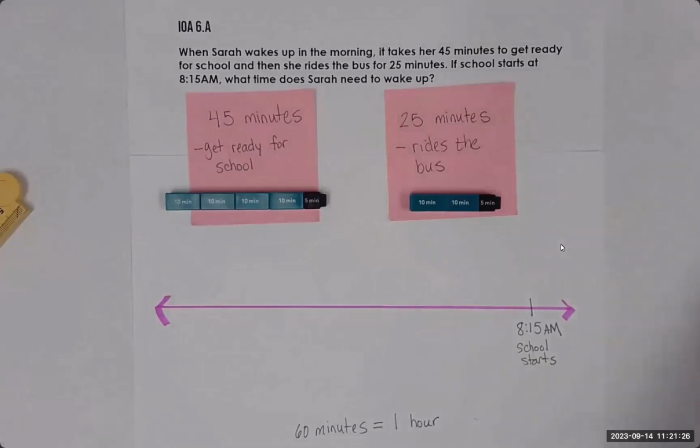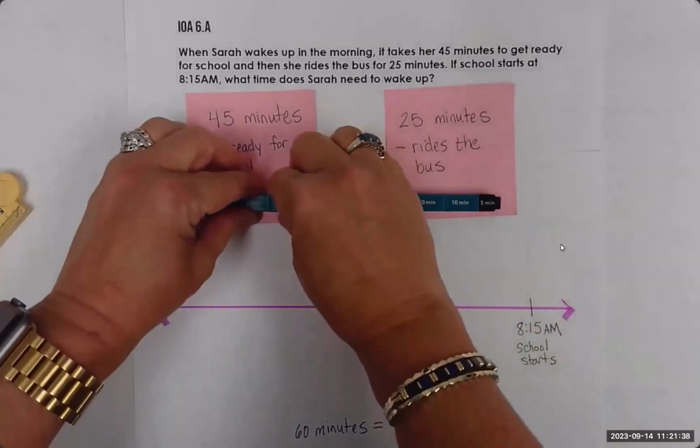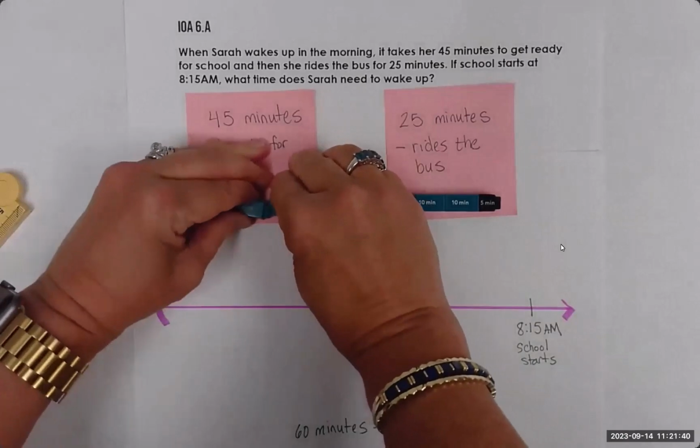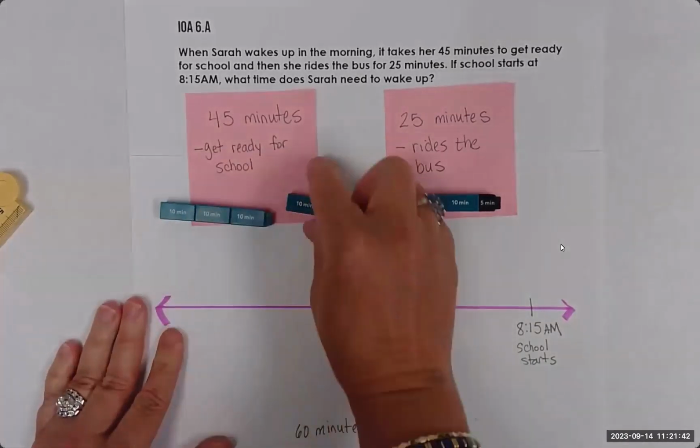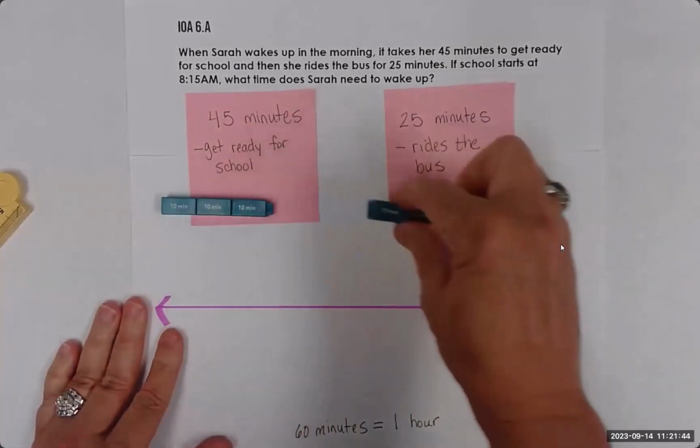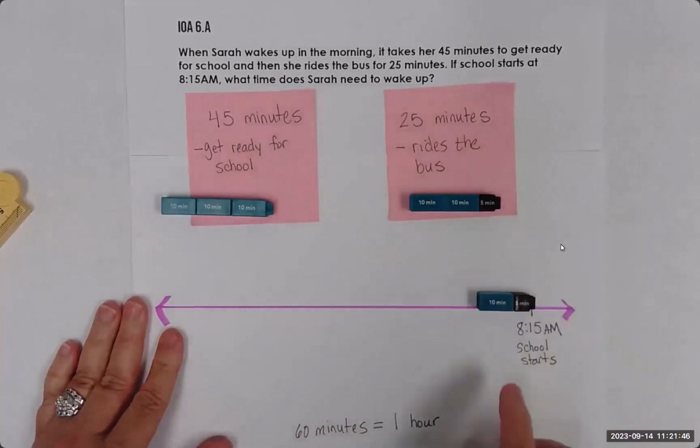Okay, so let's go ahead and get started here. I am seeing this 15 minutes after 8. So I want to go ahead and subtract out those 15 minutes first. So what I'm going to do is I'm going to decompose 45 minutes into 30 minutes and 15 minutes and go ahead and subtract out this chunk of time first.